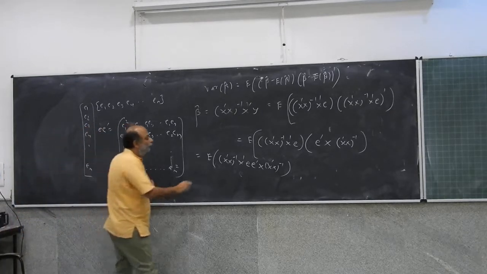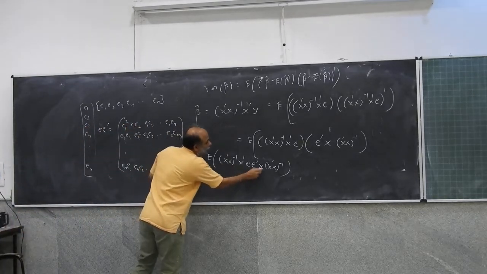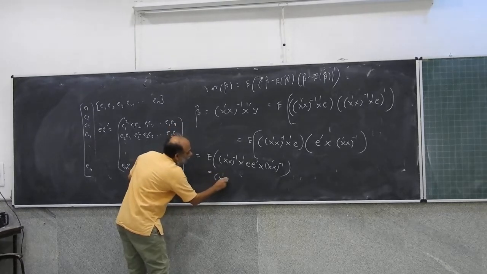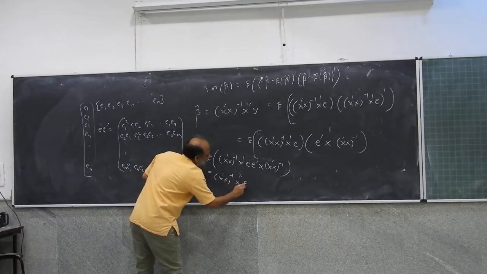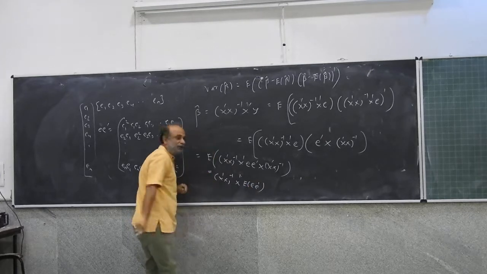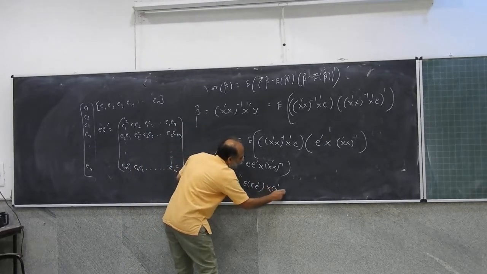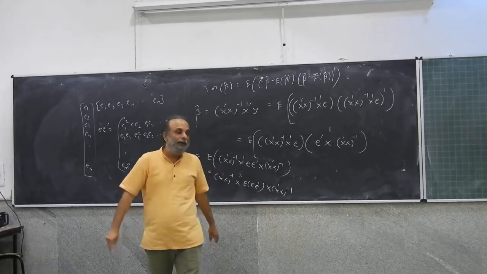Now this is constant, this is constant, this is constant. So I can write this as x dash x inverse, x dash, expectation of E E dash.